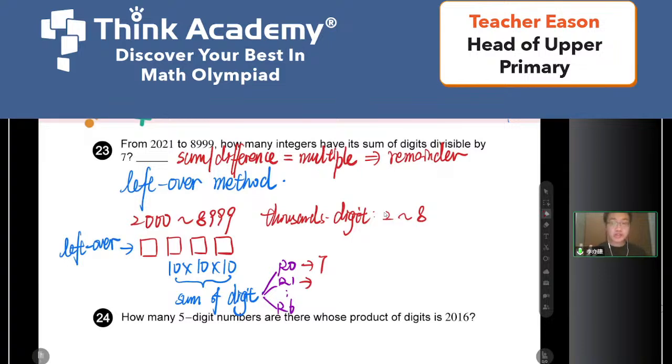If the remainder of the sum of digits for the last 3 is 1, then we make the first digit what? A 6. And in the end, if the remainder is 6, then we put the 1000th digit... no 1 to use, right? But we can use the 8. For the remainder 5, we put a 2.